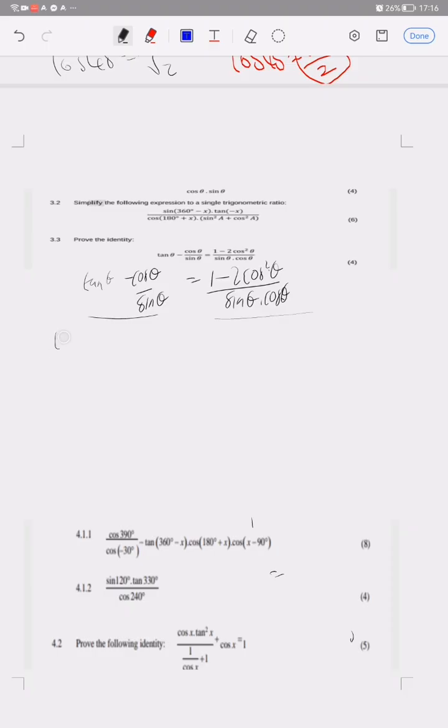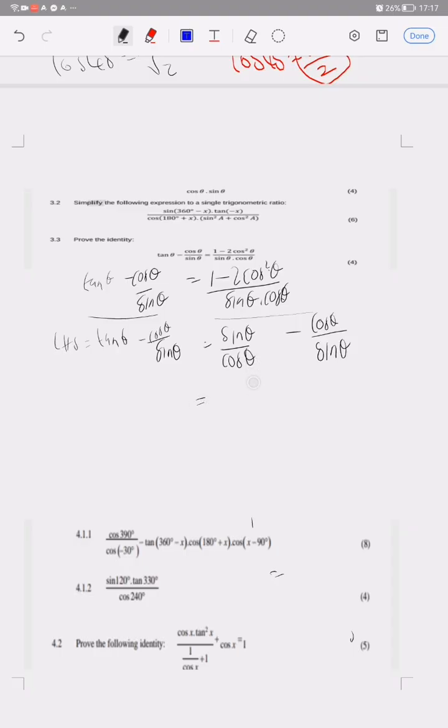So the left hand side is equal to tan theta minus cos theta over sine theta, which is sine theta over cos theta minus cos theta over sine theta.